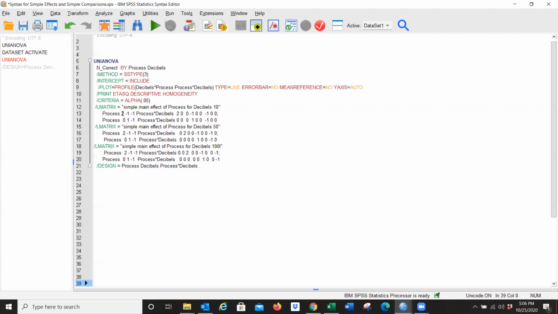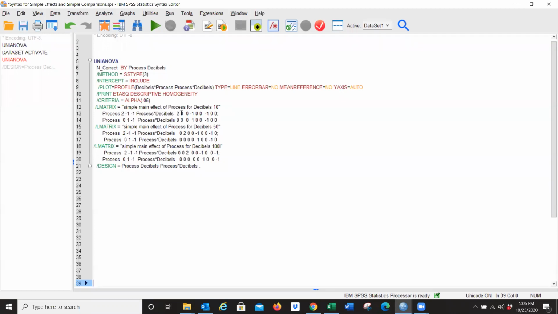So let's look at this. 2 minus 1 minus 1, process by decibels. So first we want to compare low level of processing at 10 decibels. Now we're going to go down the columns.